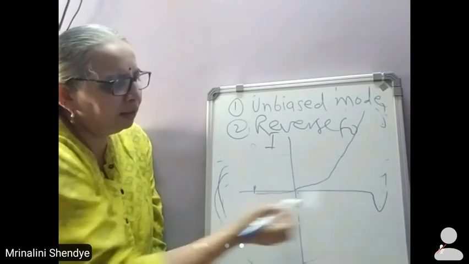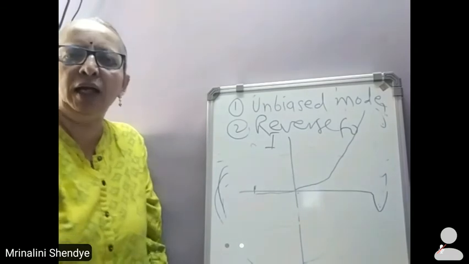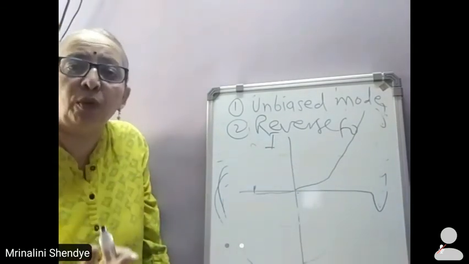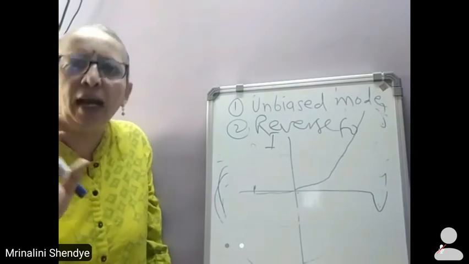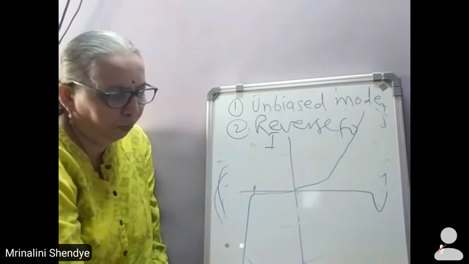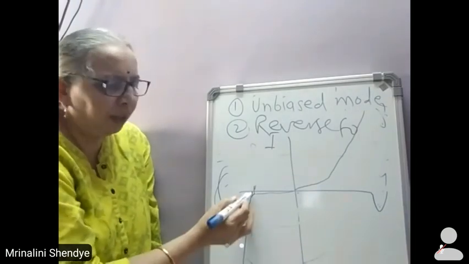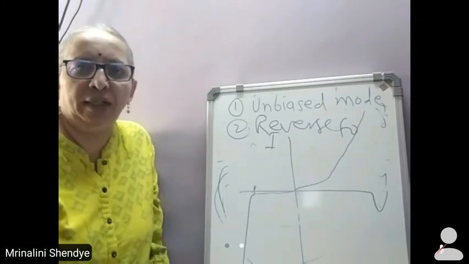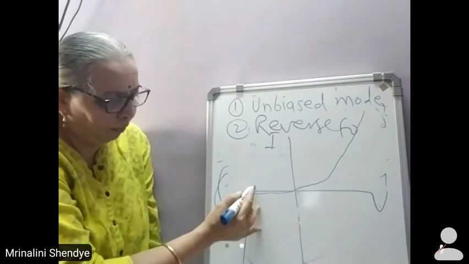But when a certain V is achieved, this depletion layer gets broken down and becomes useless. That is called breakdown of the PN junction, and after breakdown the PN junction is damaged. So this is called the breakdown voltage.